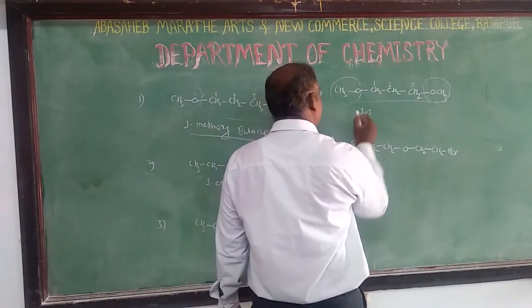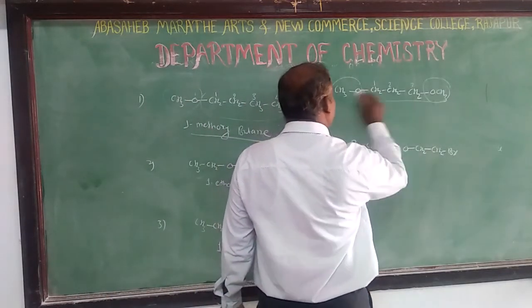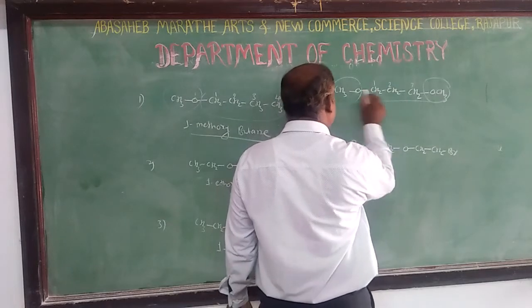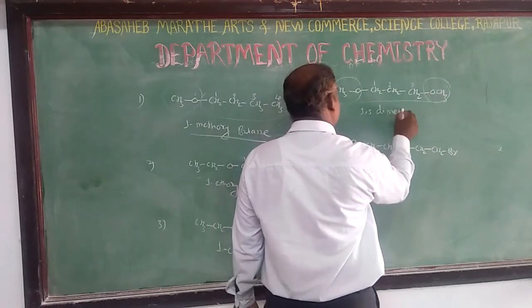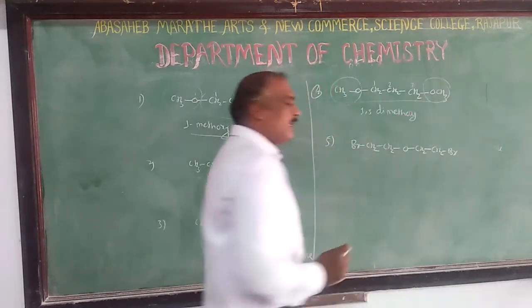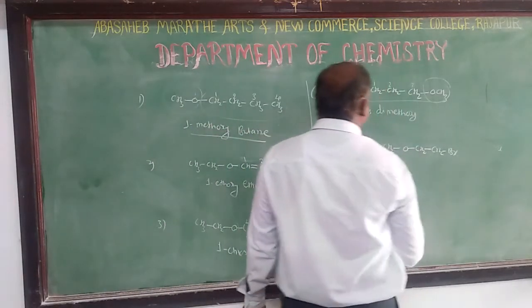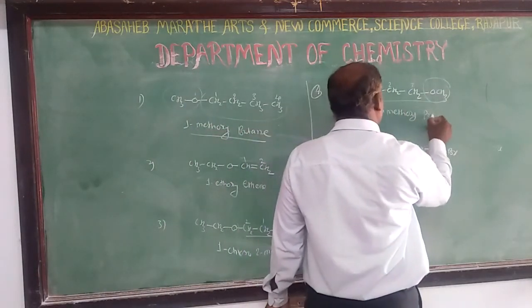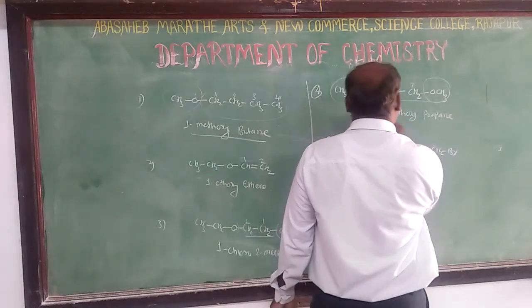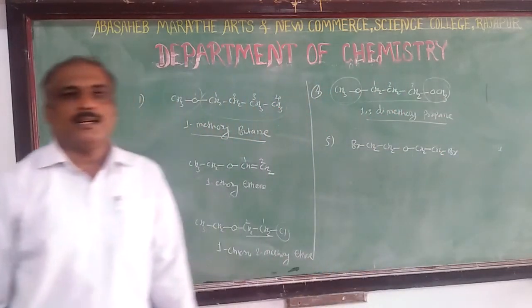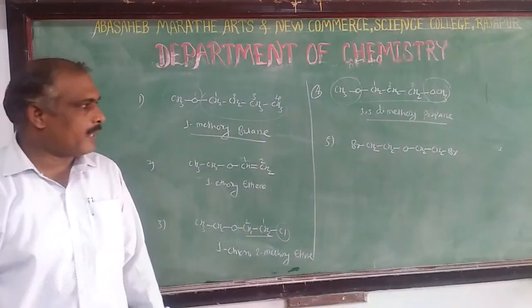So 1, 3, di. What is the substituent? Methoxy. 1,3-dimethoxy, and then the name of the parent alkane is propane. 1,3-dimethoxypropane.